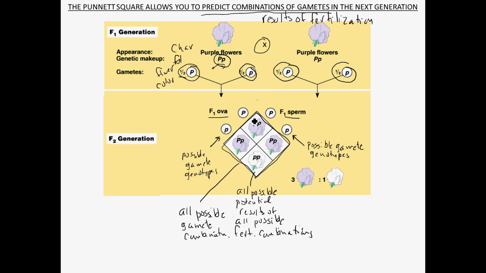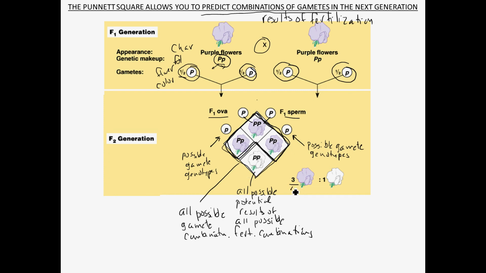So when you do this, right, you can say, here's big P, etc. Right? So you then know that you have a 3/4 possibility of getting an offspring. So 3 out of the 4 offspring possible are going to be purple, right? And 1 out of 4 will be white down here. And this is where you get this 3-to-1 ratio.